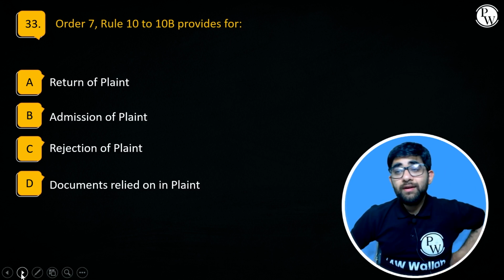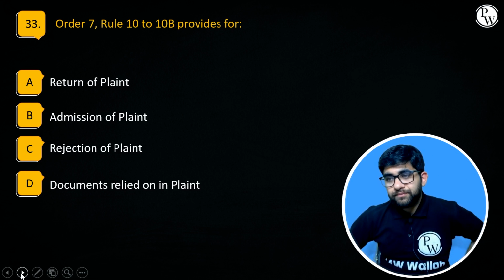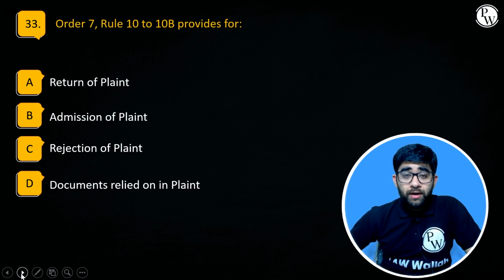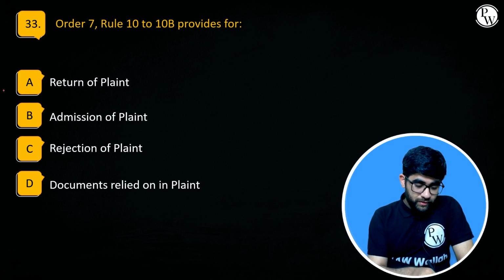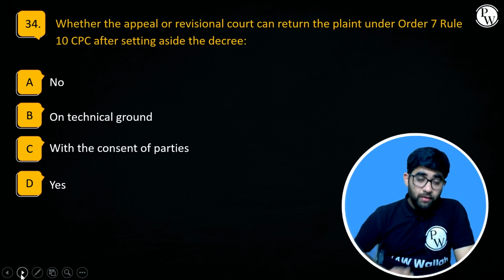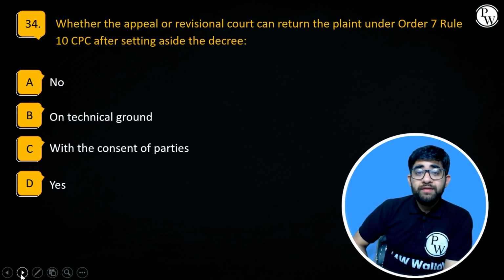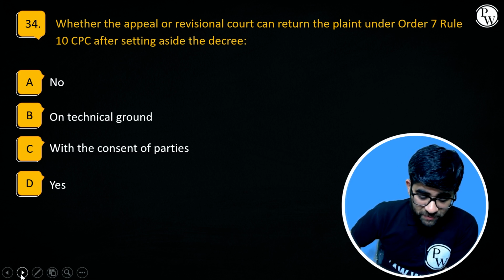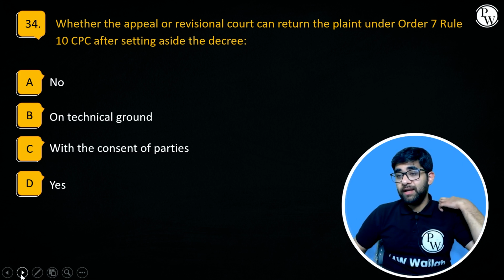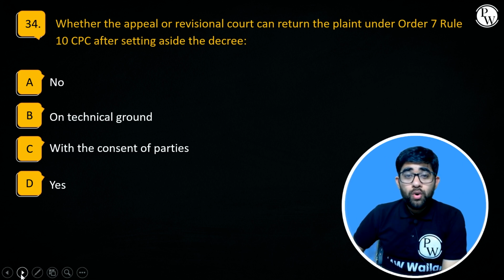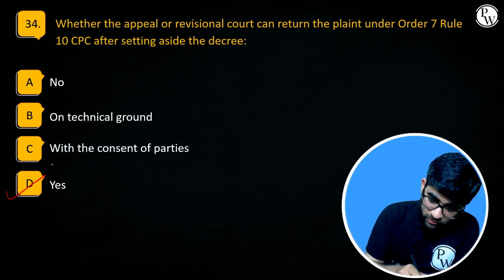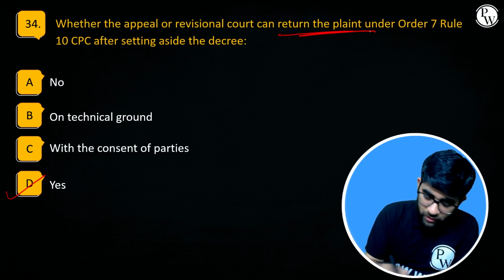Next, Order 7, Rule 10 to 10B provides for return, admission, rejection. It's return. Whether the appeal or revisional court can return the plaint under Order 7, Rule 10 CPC after setting aside the decree. Now, on taking a ground with the consent of the parties, yes, it can return the plaint.